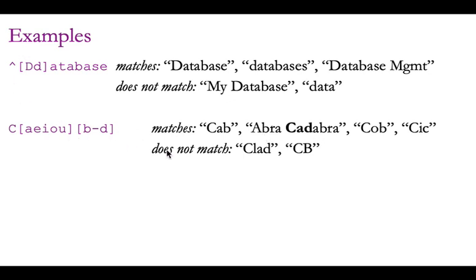There wasn't a caret or a dollar sign that said that this had to be the only element in the string. But it doesn't match these other ones because, for example, clad has an L, the L is not in the pattern, and CB, this capital B doesn't match anything in this pattern.